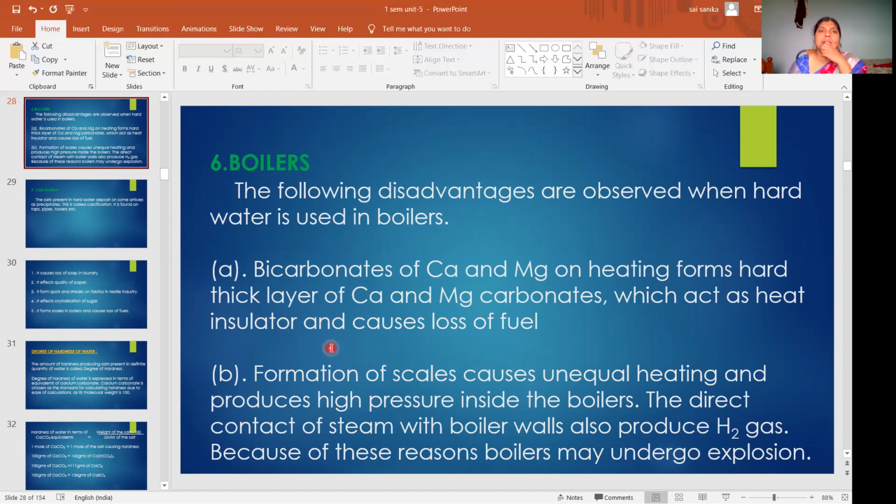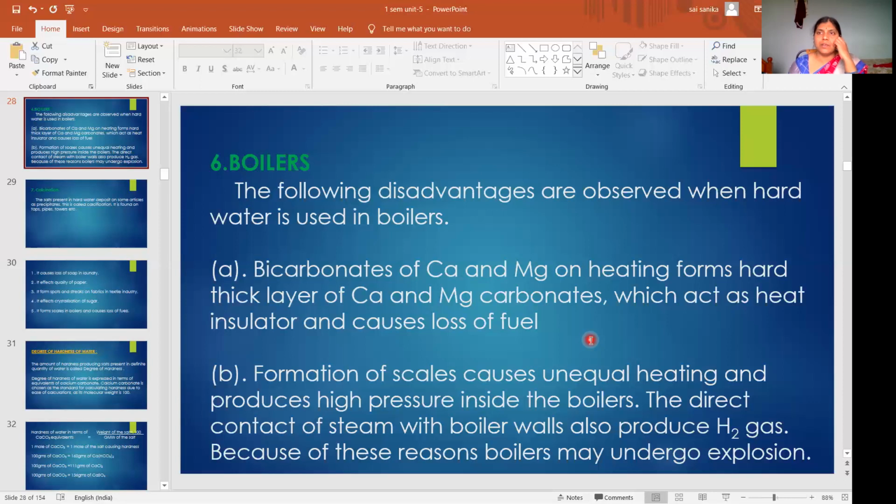So we can write one more point: corrosion. Here wastage of fuel will be found, boilers may undergo explosion, and boilers undergo corrosion due to the presence of calcium and magnesium chlorides. At very high temperatures, they undergo hydrolysis, that means they react with water and form HCl.